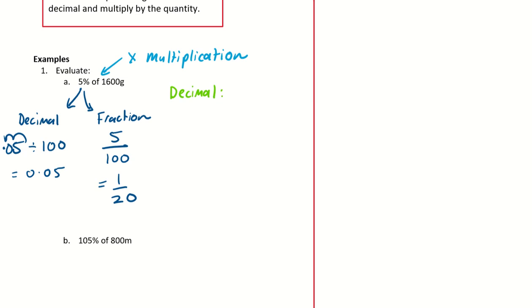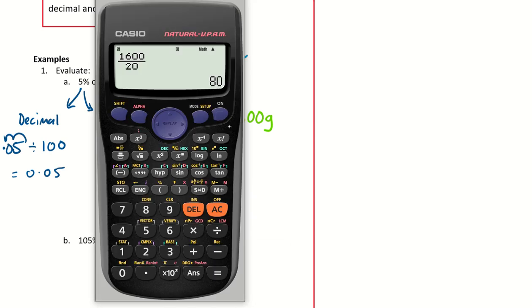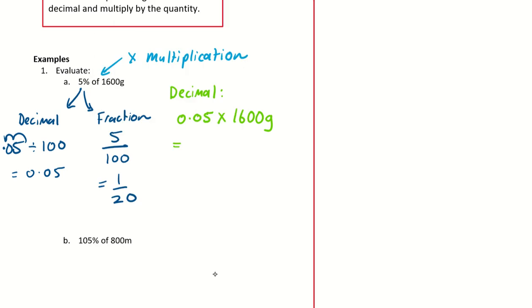All right, so I have converted it to 0.05 and I'm going to multiply that by the quantity, okay, because it's of multiplication. I'm going to multiply that by 1600 grams. Now I can bring up my calculator and I'll go 0.05 multiplied by 1600. We should get an answer of 80 grams.